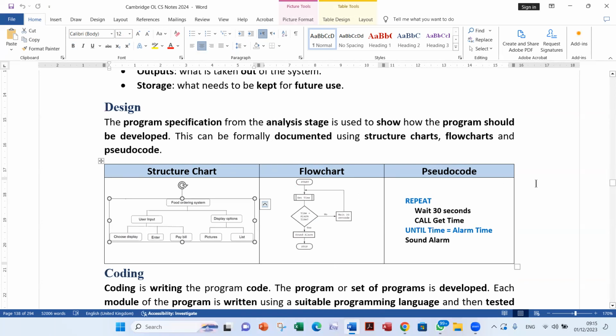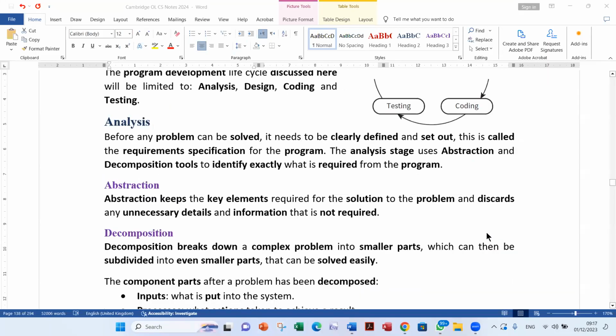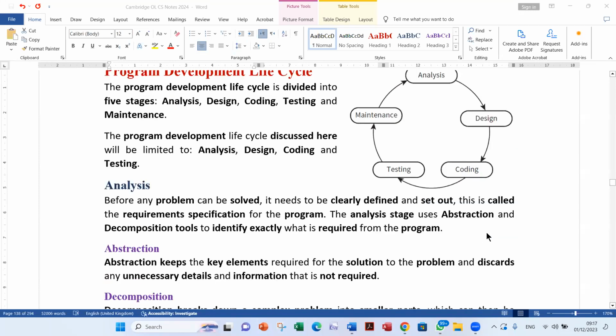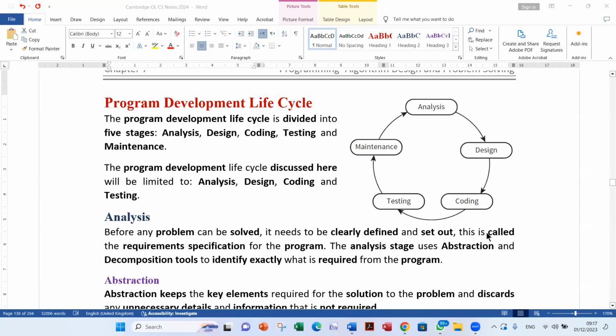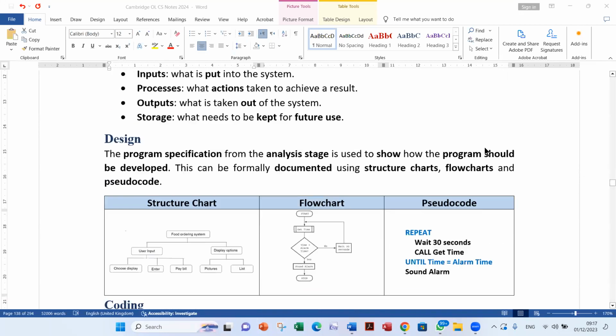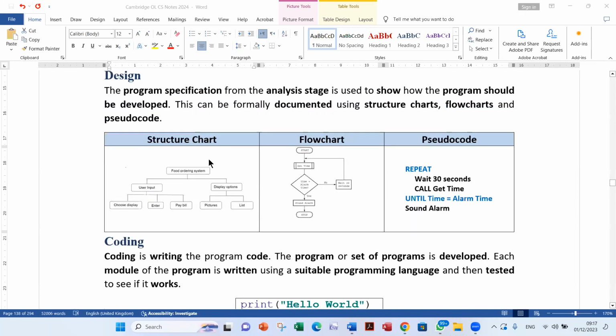These three tools will be used in the design. After you are done with analysis, that means studying the situation, you create designs. So you draw diagrams like this.